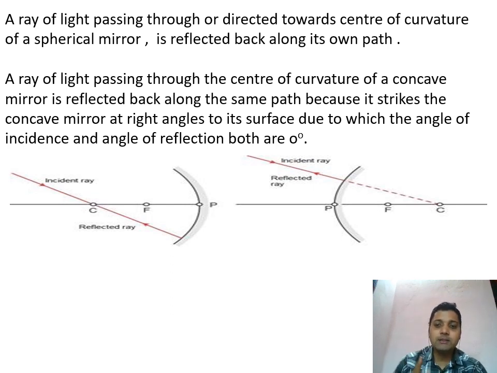When a ray of light strikes the reflecting surface straight, the angle of incidence equals 0 degrees.